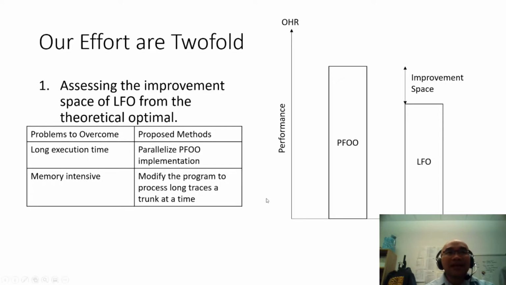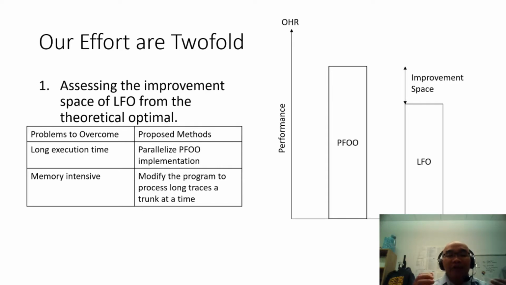Second, memory intensity. Currently, PFOO loads the entire request file. This is a request trace, which is basically a record of each request.